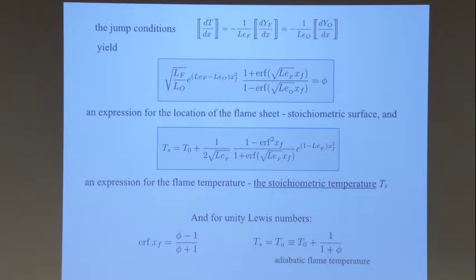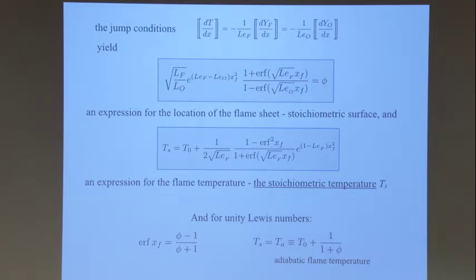Okay, and on the left, for unity Lewis number, you see something very simple. The error function of the position is phi minus 1 over phi plus 1. The error function is a function that asymptotes, it goes like this. It's 0 at 0, and it goes to -1 here and to +1 here.